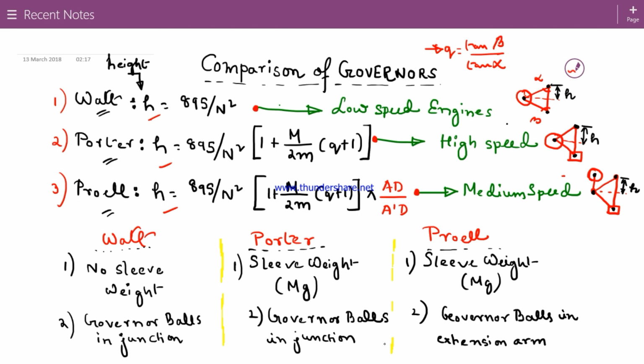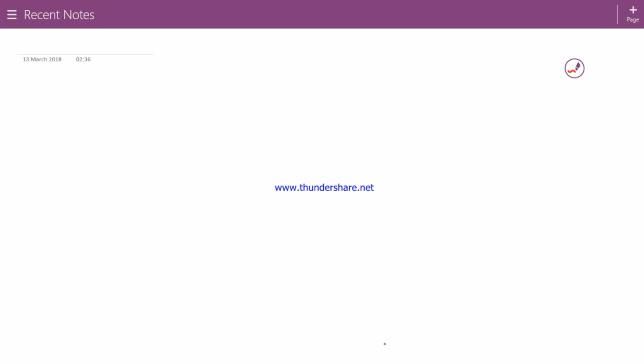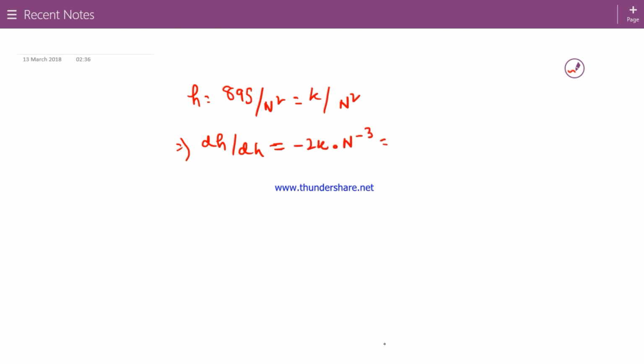So if we take h equal to 895 by n squared, let me show you. Supposedly 895 is our constant value k, right? It's a constant. So if we differentiate in terms of n, it will be minus 2k into n to the power minus 3.